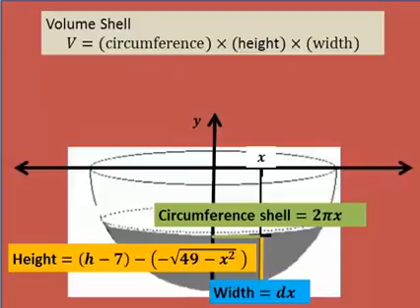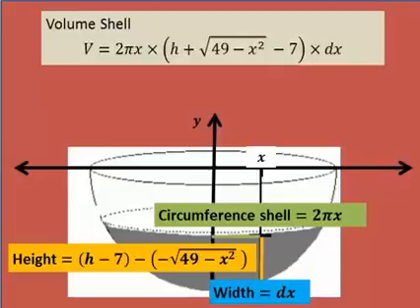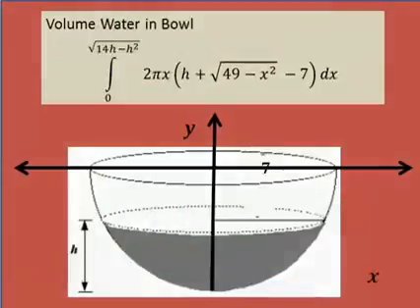Alright, if I have the height and the circumference and the width, I'm ready to find the volume of my shell. And this is what I get. Add up all my shells, and the volume of the water in the bowl is given by this integral.